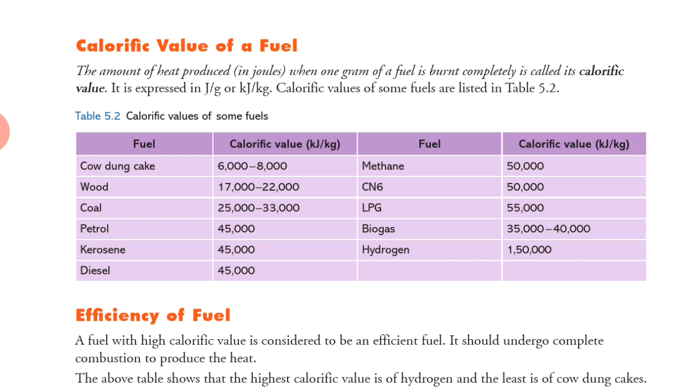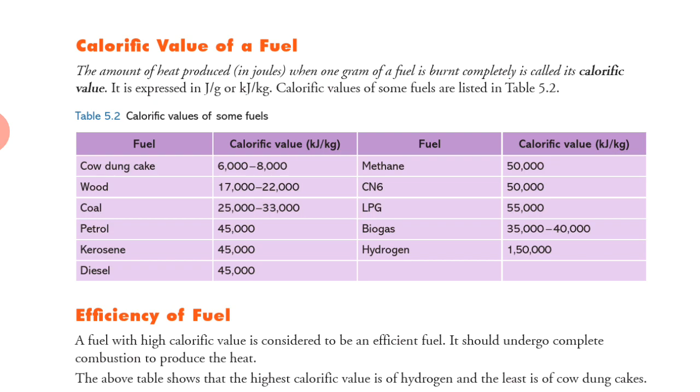The calorific values are shown over there. The higher the calorific value, the better the fuel. Starting from the cow dung cake, it has 6,000 to 8,000. And the highest value, you can see, is in hydrogen, 1,50,000 kilojoule per kilogram.